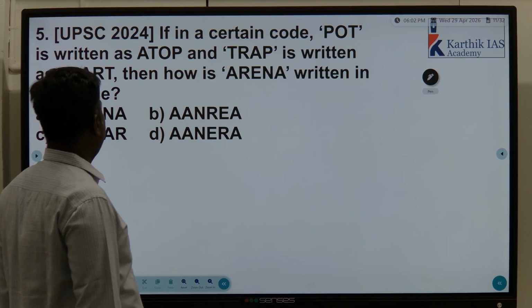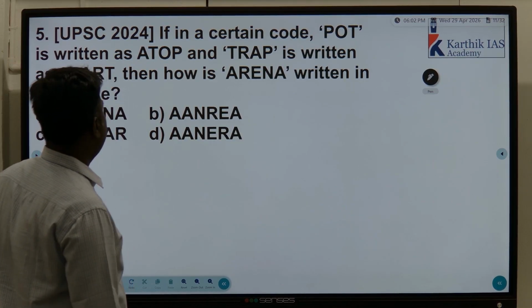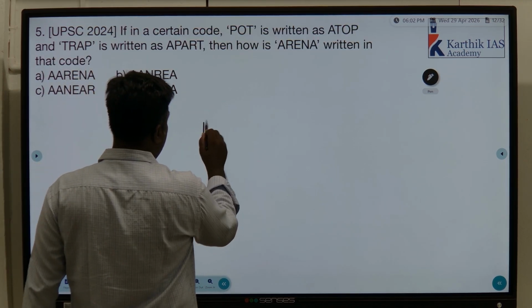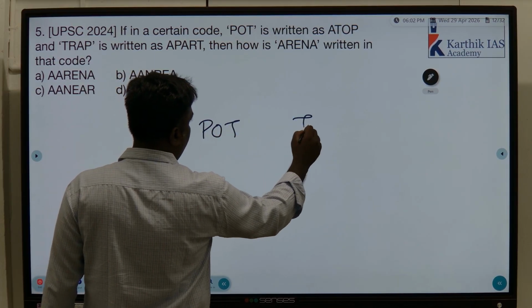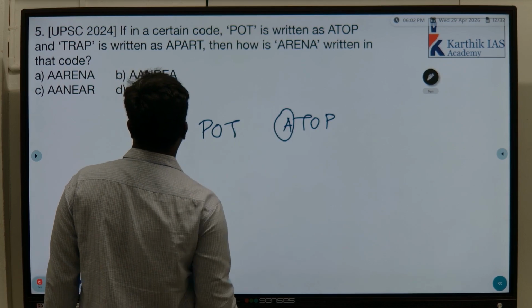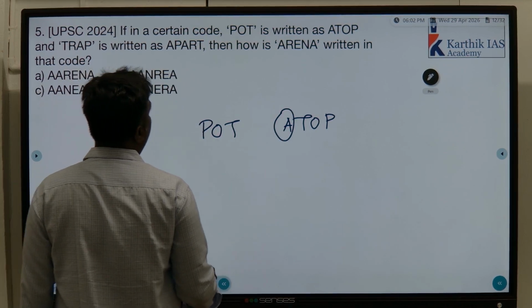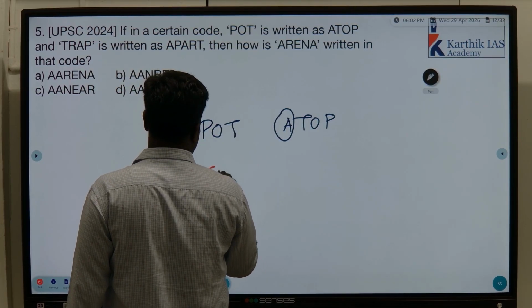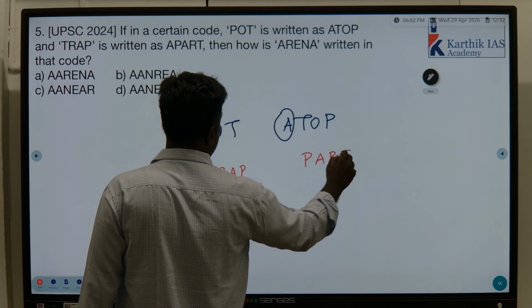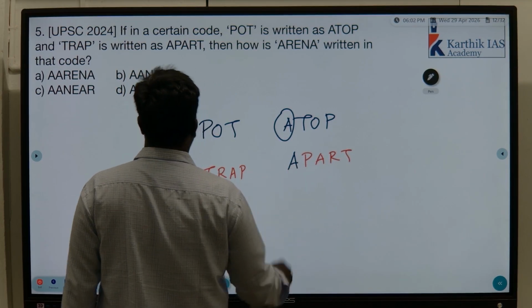Clear? Part means a top. Trap means a part. Arena means what? Understand? See, part, they reverse it and they put A. Similarly, trap, first they reverse it, part, and then A they have added, apart.